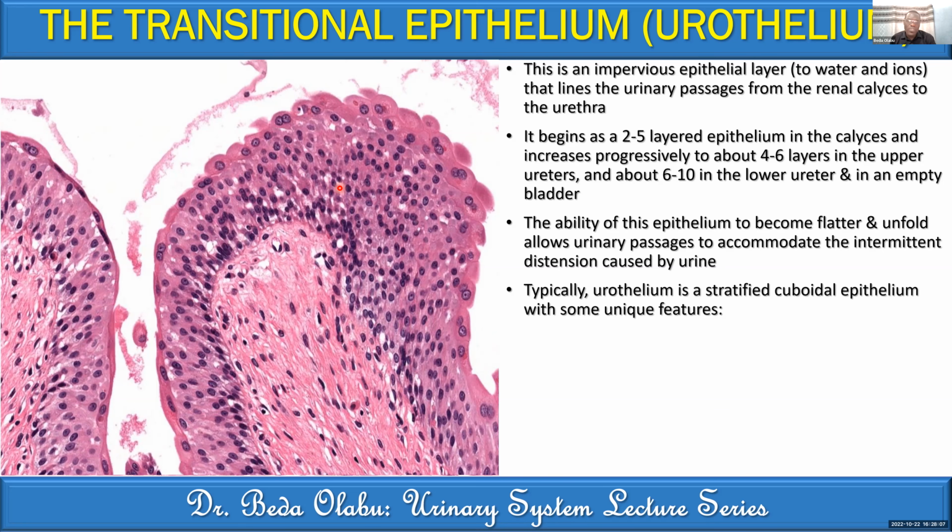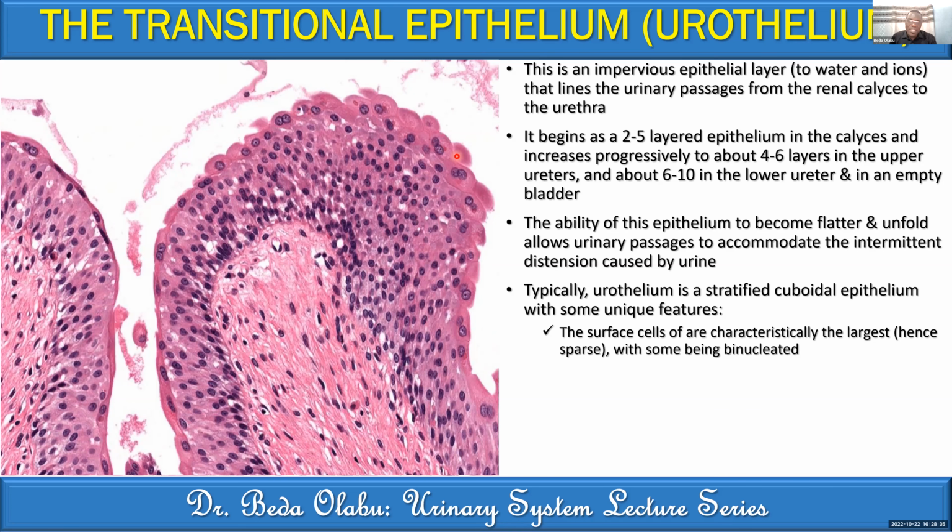So it's a stratified cuboidal epithelium, but there are some unique features about it. If you look at the cells on the surface, they seem to be very large, with very large nuclei and a lot of cytoplasm. And so that makes the cells on the apical zone really large or prominent.